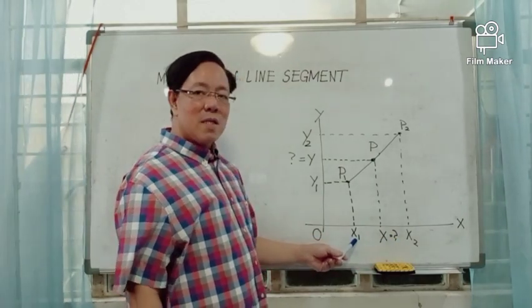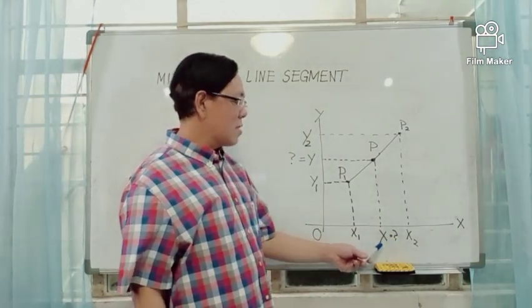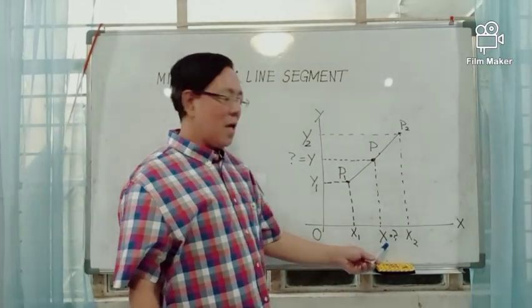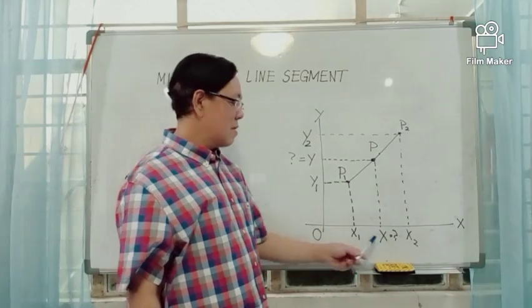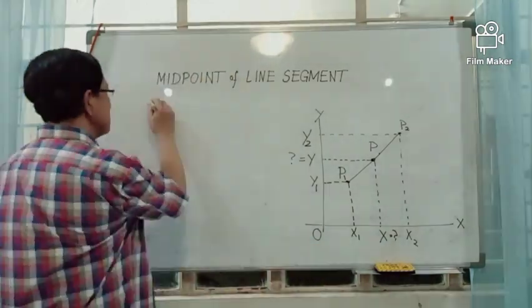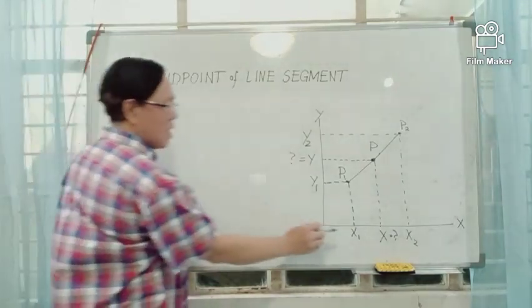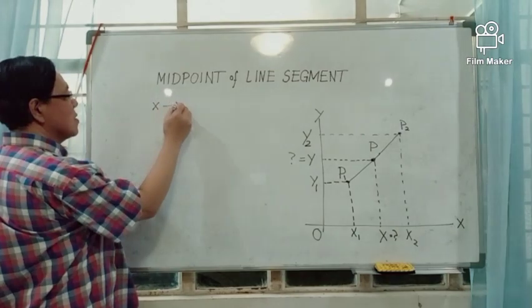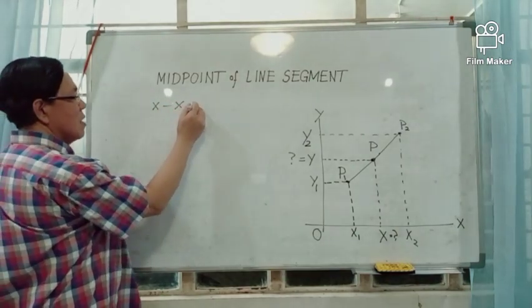So to get the distance between X1 and X, we start from X. The distance between X1 and X is equal to X minus X1.